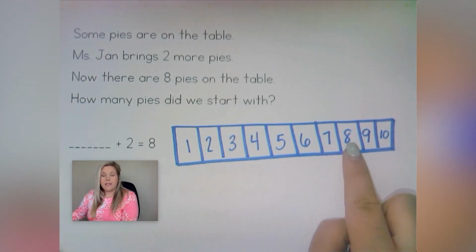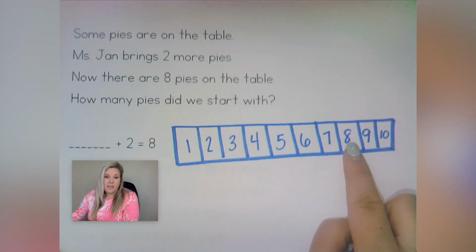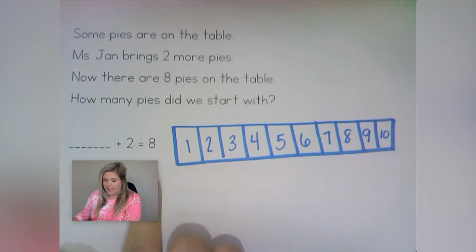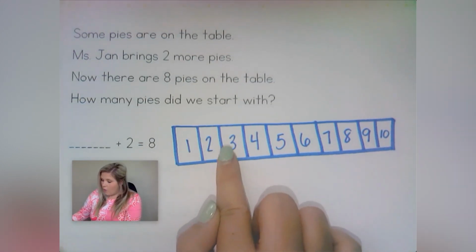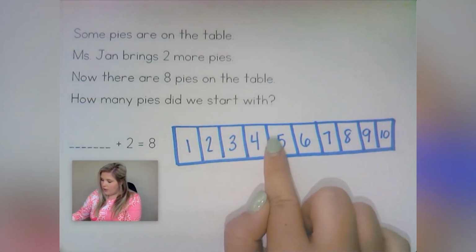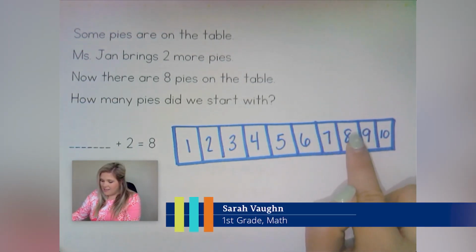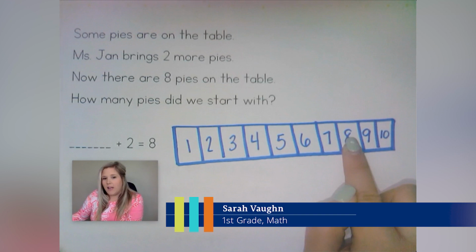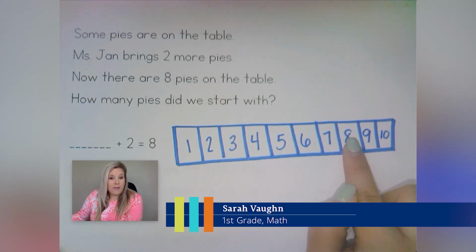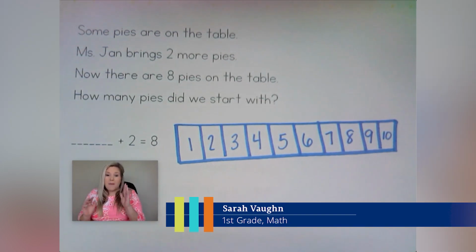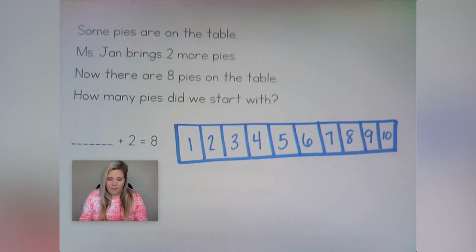And we're going to see how many spaces on the number path we had to hop to get to the number 8. Like this. 1, 2, 3, 4, 5, 6. How many hops or jumps did we have to make? 6. We made 6 jumps.